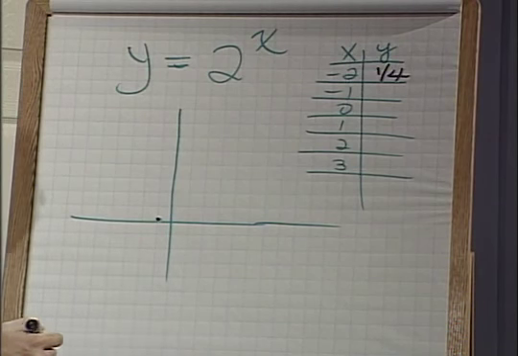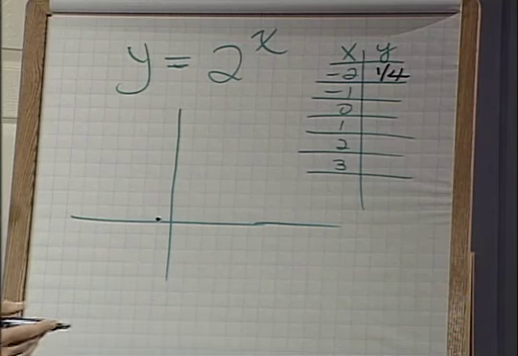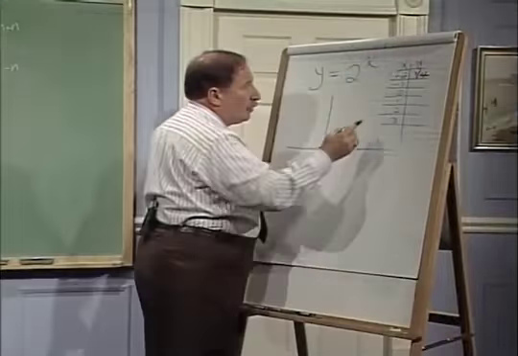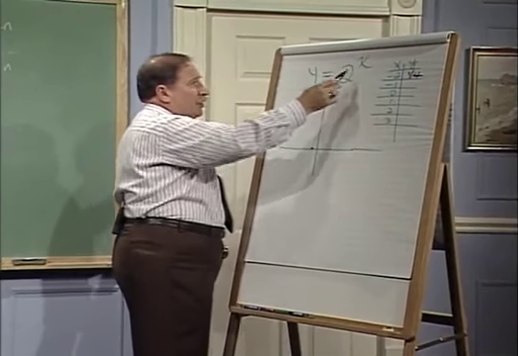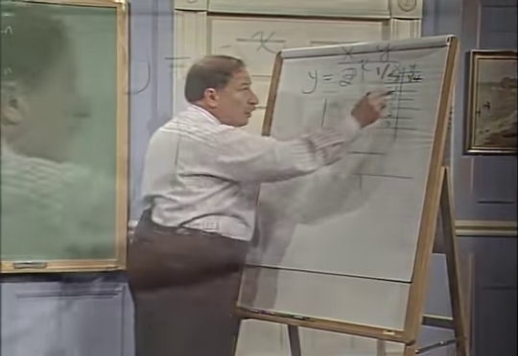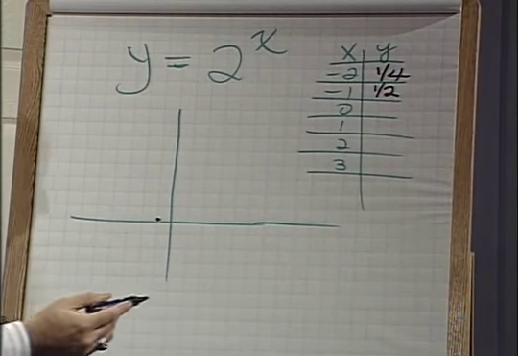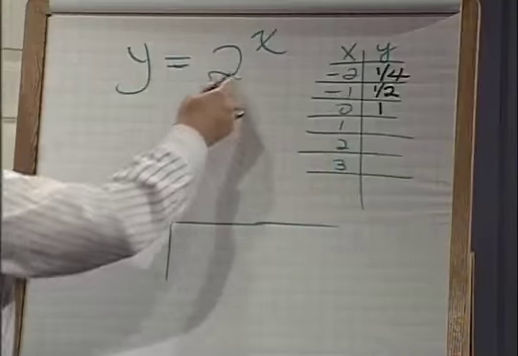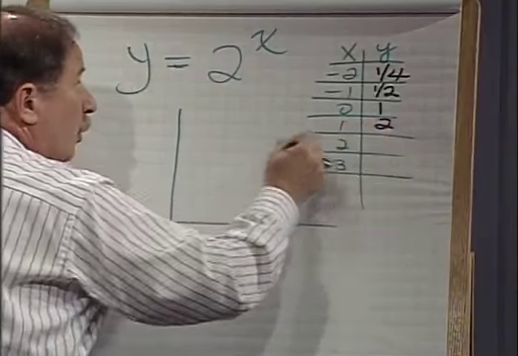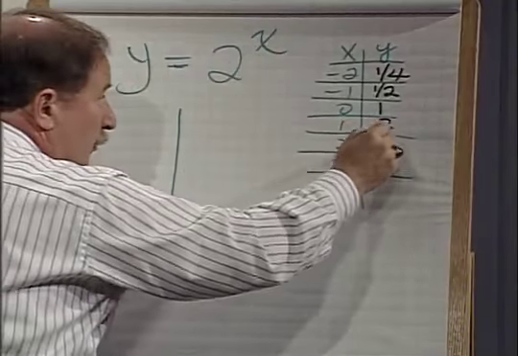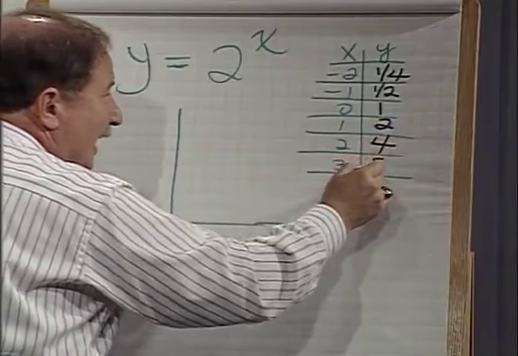Notice we cannot raise 2 to a power and get a negative number. It's impossible. So we're never going to get a negative number. We put in negative 1 for x, we get 2 to the negative 1, which is 1 over 2, which is a half. We put in 0, we know that 2 to the 0 is 1. 2 to the 1 is 2. 2 to the second, or 2 squared, is 4, and 2 to the third is 8.